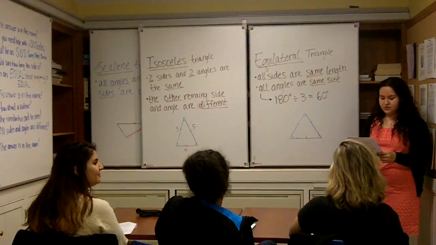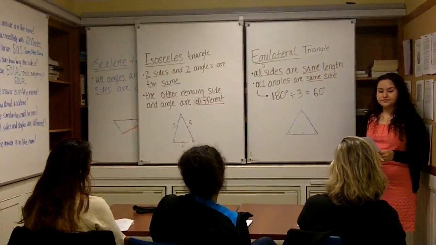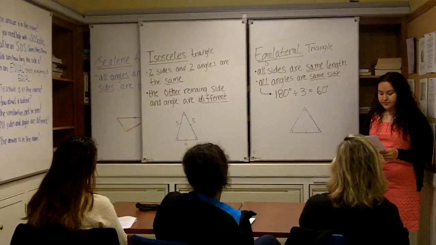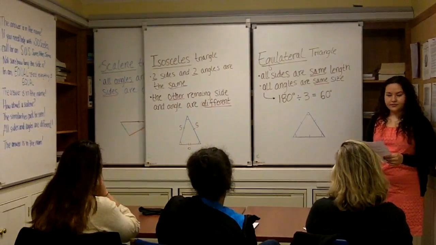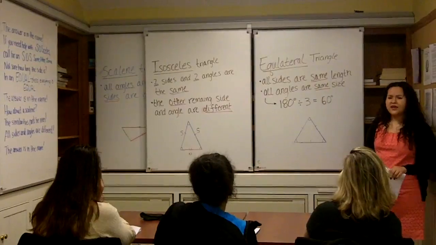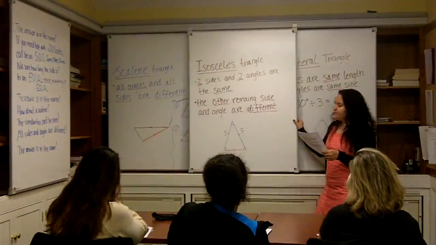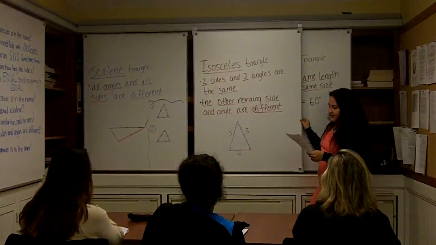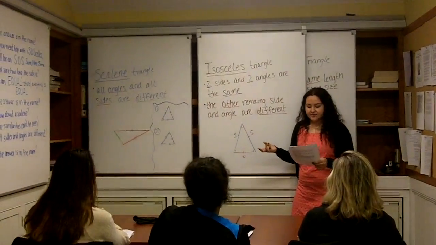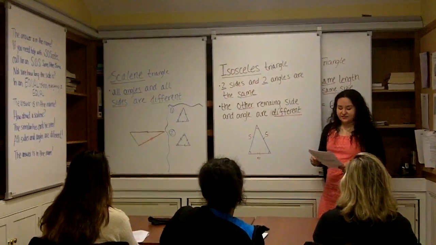Paige? So an equilateral triangle has sides that are all the same length and angles that are 60 degrees each. But how is an isosceles different than an equilateral? That's a great question, Paige. Let's take a look. An isosceles triangle contains 2 sides that are congruent, or the same, while the remaining side is different.